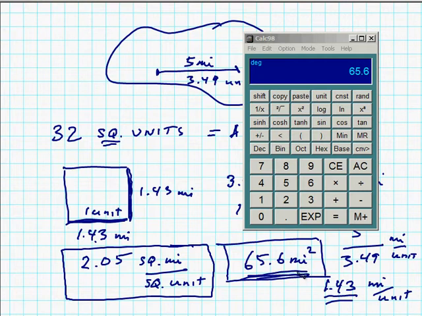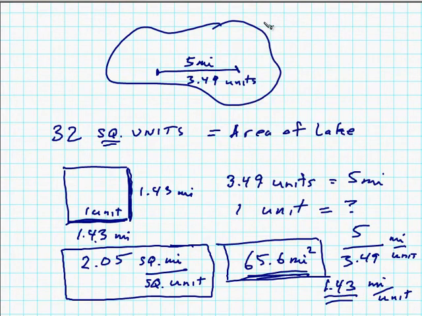Now if you remember back to when we just did a simple rectangle, and we estimated the size of the lake by a single rectangle, we get around 72. 9 times 8 is 72. We said pretty much any area between 50 and 100 would probably be in the right ballpark. That gives us some confidence that we did the right steps here.